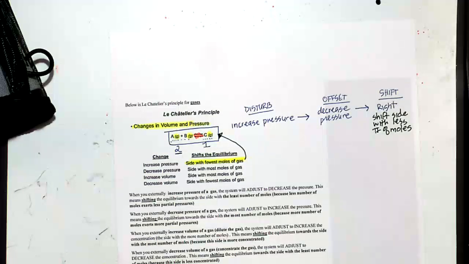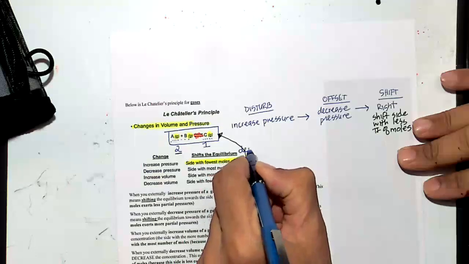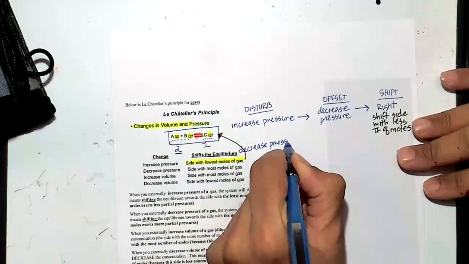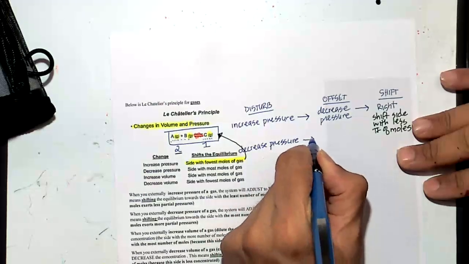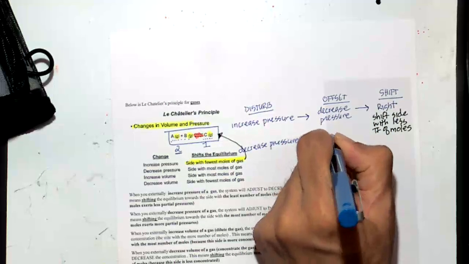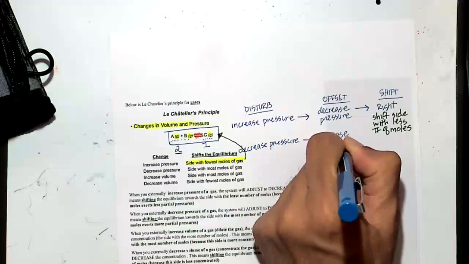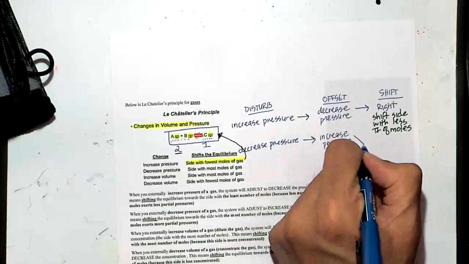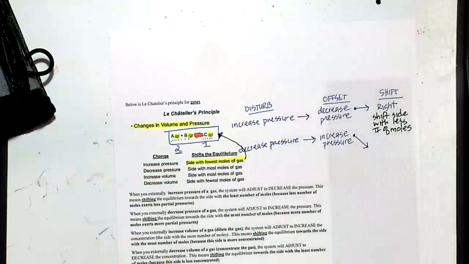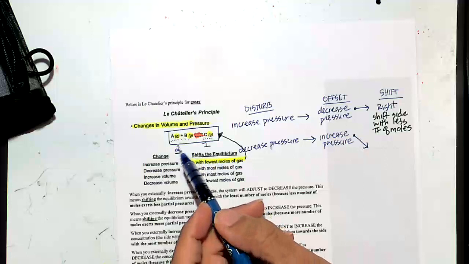All right, if we increase the pressure, we can do the opposite. What is the opposite of increasing pressure? Let's say we decrease the pressure. What's the offset of decreasing pressure? Increased pressure. So which side will have increased pressure? Left or right? The side with 2 moles or the side with 1 mole?